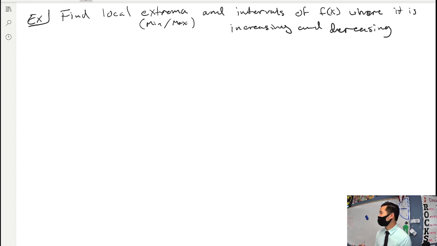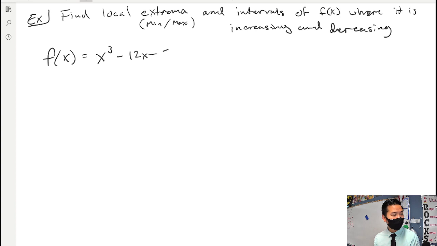So we're going to be looking for that. We're going to look for where is the function increasing, where is the function decreasing, and any relative max or mins, right? Local max or mins. Okay, the function we're going to be working with is going to be f of x is equal to x cubed minus 12x minus 5.